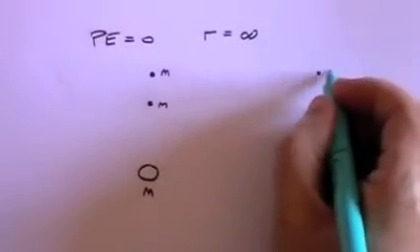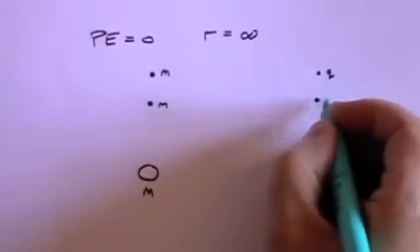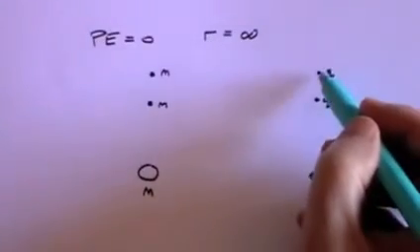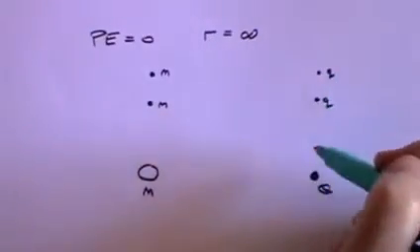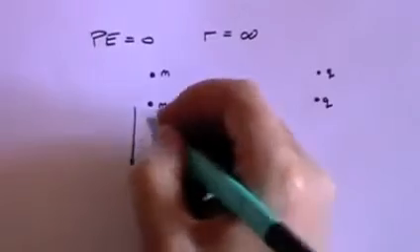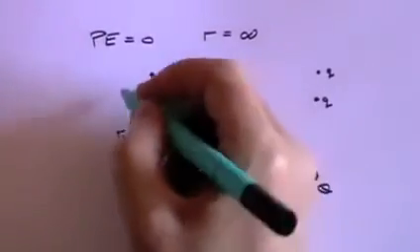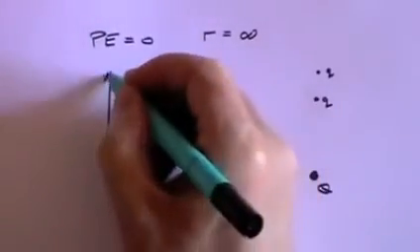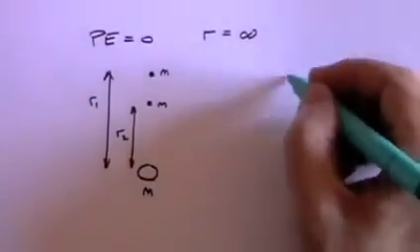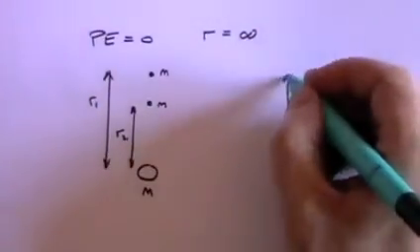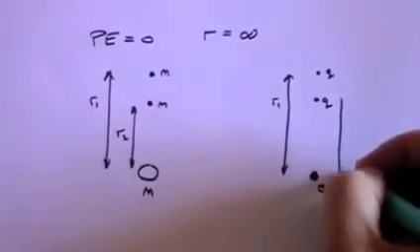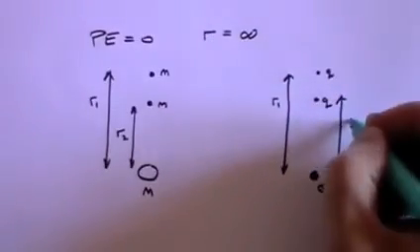And here you have a test charge, and you move it to here. So the charge moves from here to here. This is distance R2, this is distance R1, and similarly here, this is distance R1, this is distance R2.